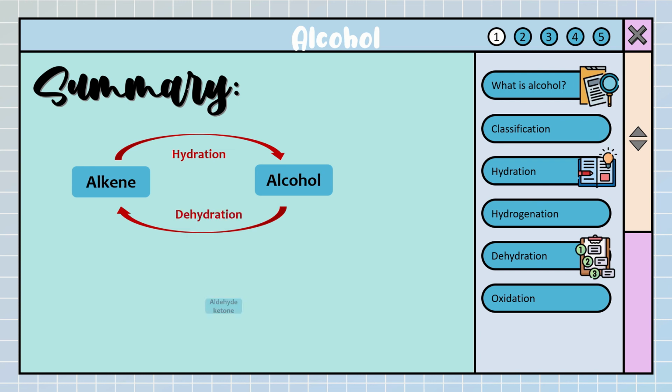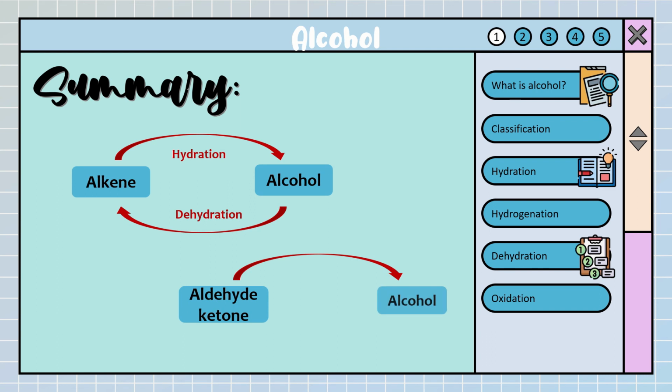Another synthesis of alcohol is from an aldehyde or ketone, which forms an alcohol through what we call hydrogenation, and the reverse process of that is oxidation.